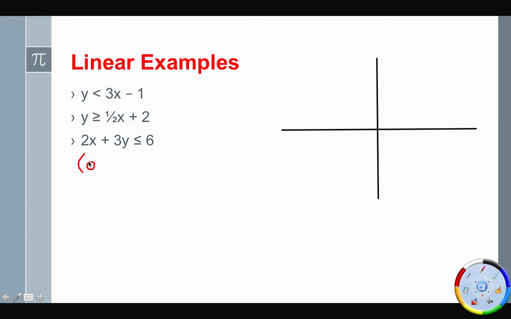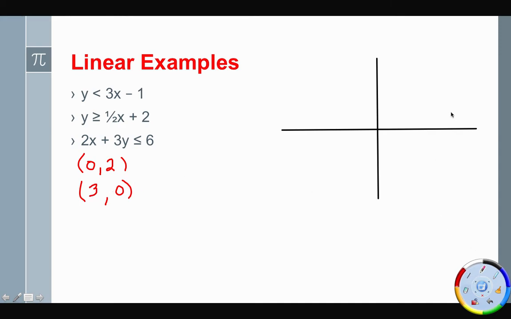So I need to plug in x equals 0 to find y, and plug in y equals 0 to solve for x, finding my two intercepts. If I plug in x equals 0 here, this would go away, and I would get 3y equals 6, which means y is equal to 2. Likewise, I plug in 0 for y, and I get 2x is equal to 6, divide by 2, and I get 3.